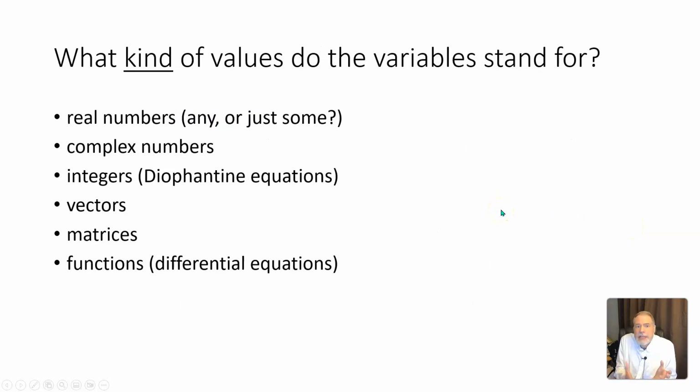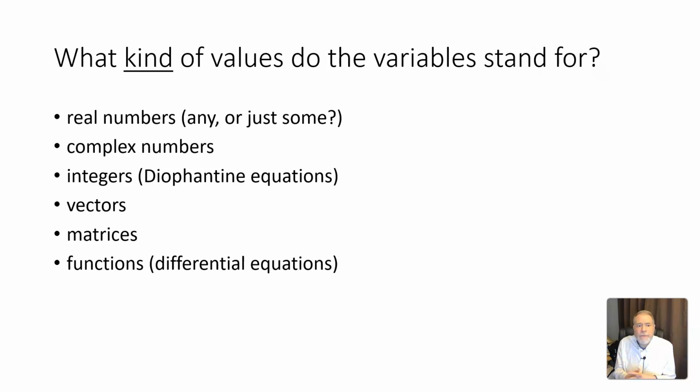Another way to classify different kinds of equations is based on what kinds of values the variables stand for. You're probably used to equations where the variables, the x or whatever, stands for a real number. Maybe any real number, maybe just some sorts of real numbers. But in some equations, the variables could stand for complex numbers involving i. There are equations where the variables are supposed to represent just integers or whole numbers.